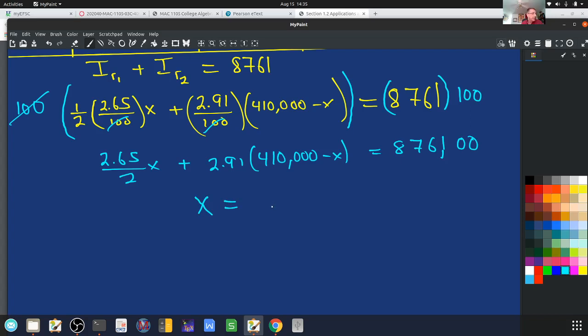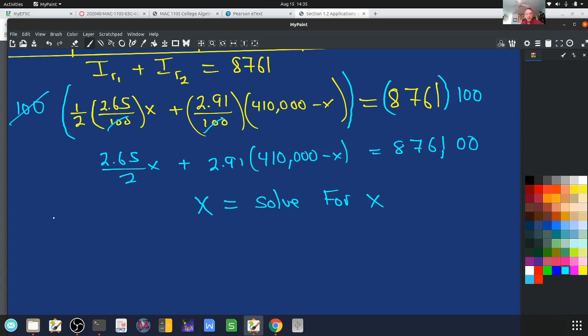Go ahead and solve for x and see what you get. I don't have it written down, and I'm losing time, and the numbers get really, really big, and it takes time to do it.